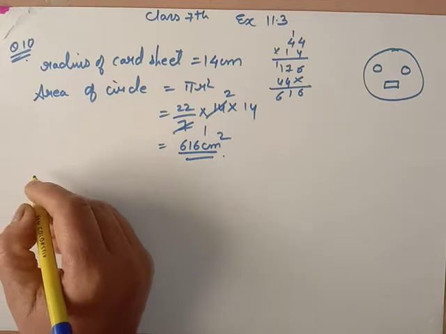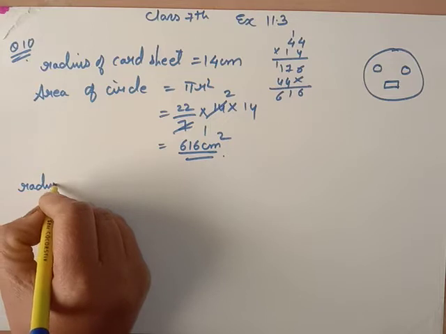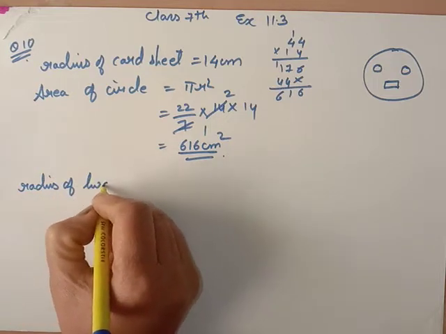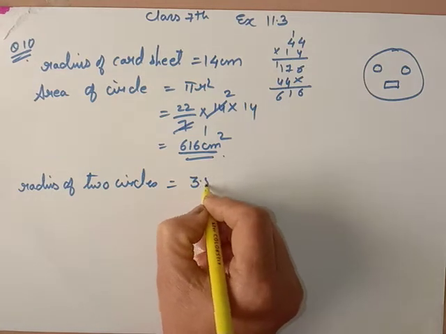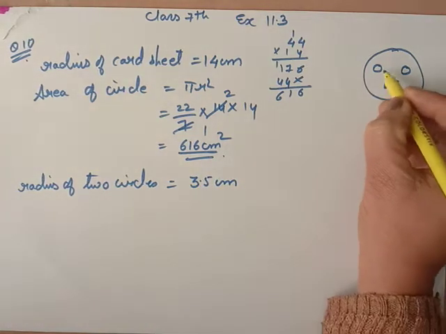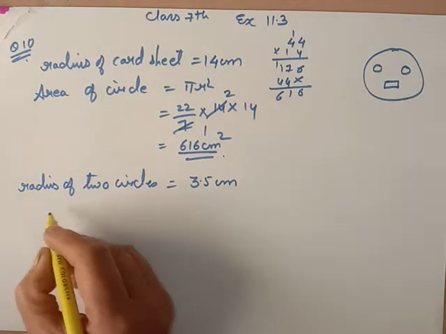The two small circles: what is given is the radius of two circles, 3.5 centimeter.